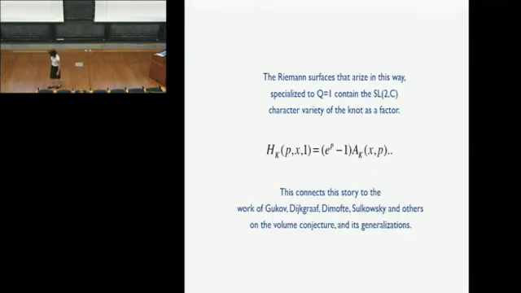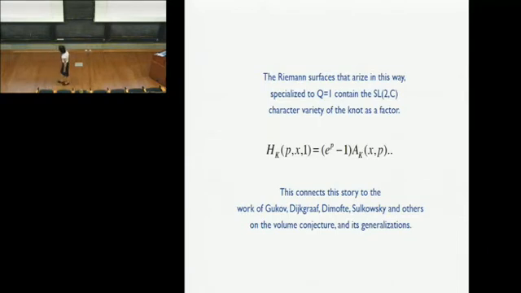Okay, now the Riemann surfaces that arise in this way, if you specialize to Q equal to 1, they in fact contain the SL(2,C) character variety of the knot as a factor. So that's a moduli space of flat SL(2,C) connections on the knot complement in S^3.